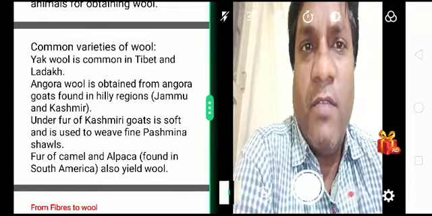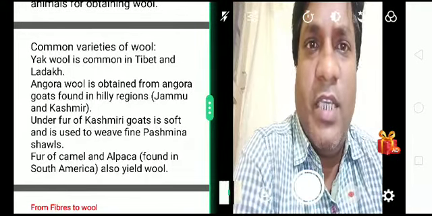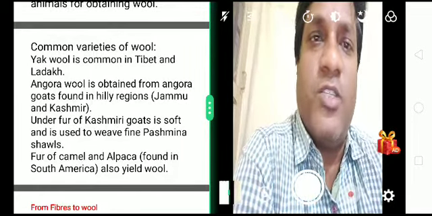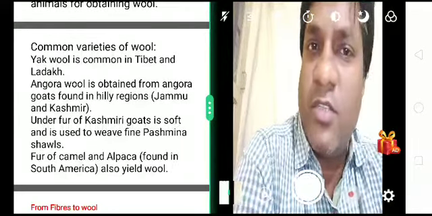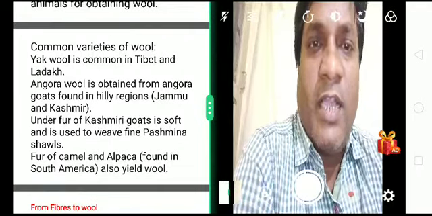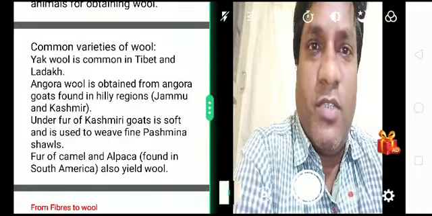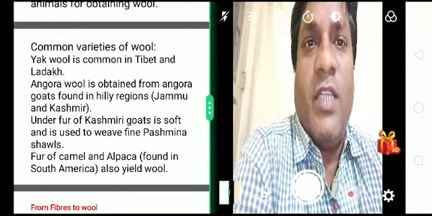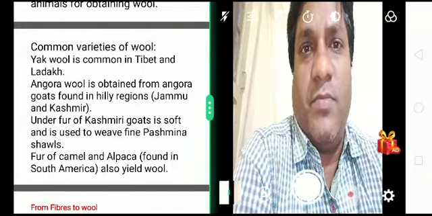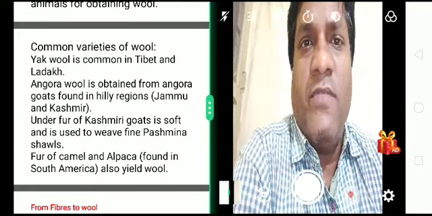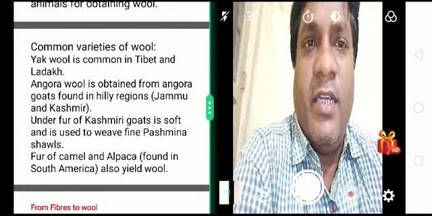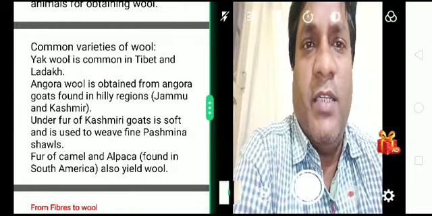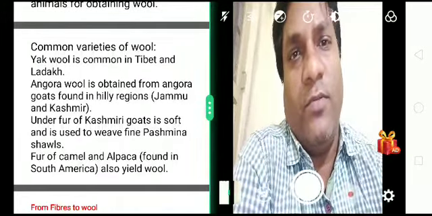The underfur of Kashmiri goats is very soft, and it is used to weave fine pashmina shawls. So these pashmina shawls are of very good quality, obtained from the soft underskin of the Kashmiri goats. The fur of camel and alpaca goat, which is found in South America, also yields wool.